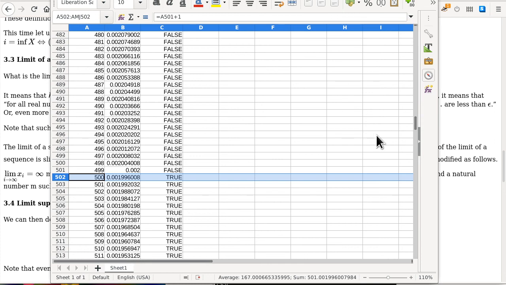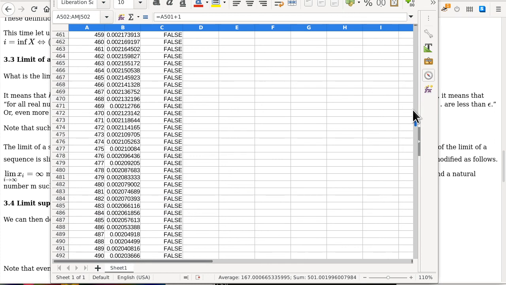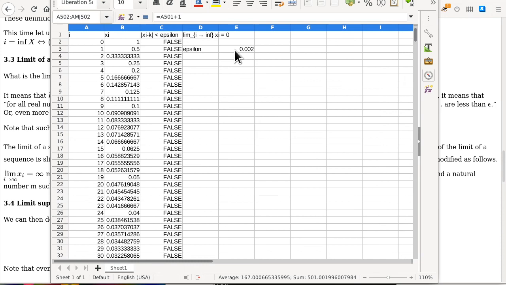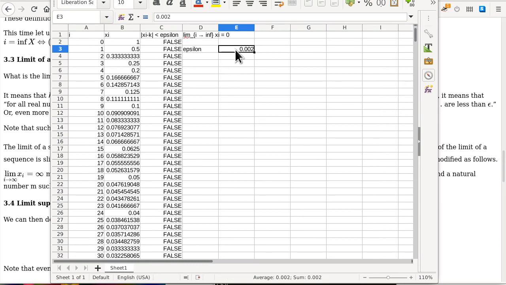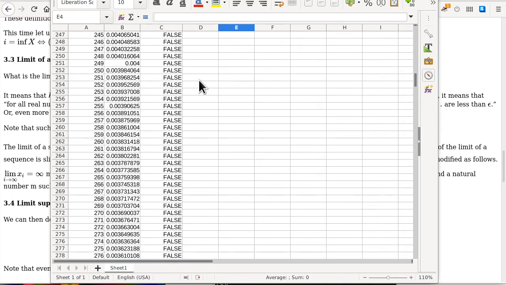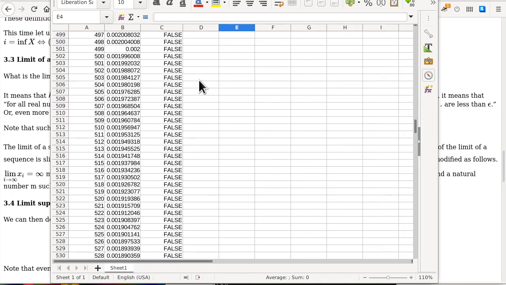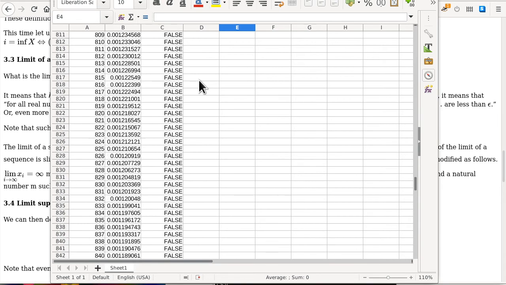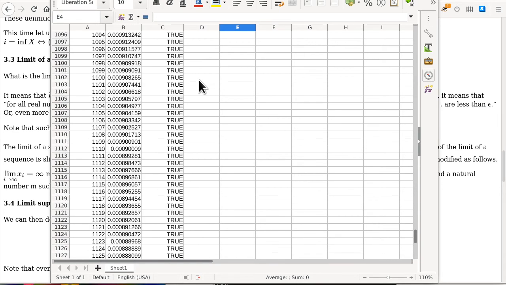All right. But this is only for one particular epsilon. So the question is, what if I make this epsilon even smaller? I bet you cannot find such an index if I make it half the size. So we have 0.001. How do I choose epsilon? I don't. I only choose an epsilon in this case as a visual demonstration, but epsilon can be any real value that is greater than zero.